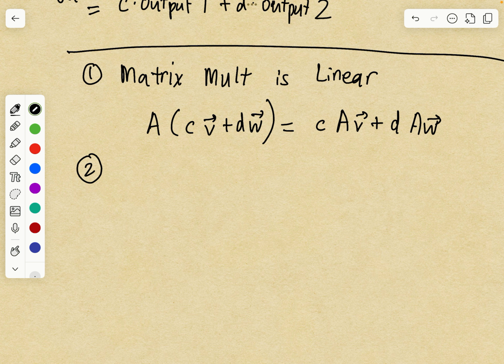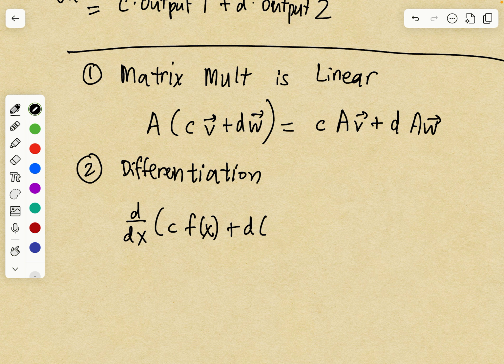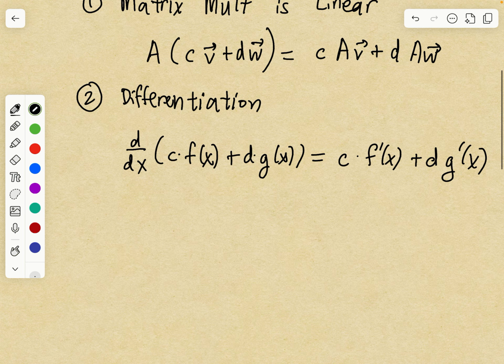A second place where it shows up is in differentiation. So if I take the derivative of a constant times a function, say c times f of x, plus another constant times another function, d times g of x, this is the same as c times f prime of x plus d times g prime of x. So here my process is the derivative, and my inputs are actually functions.